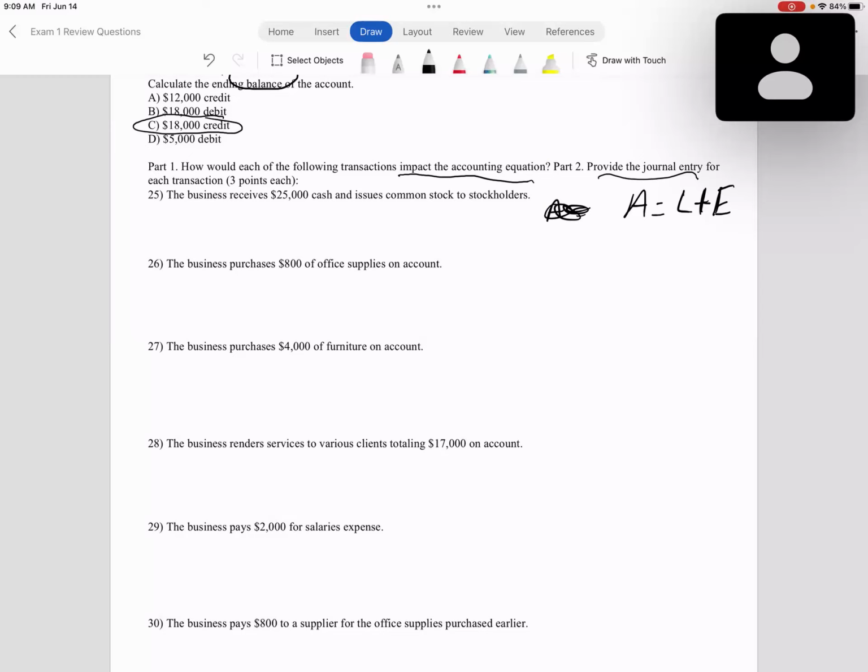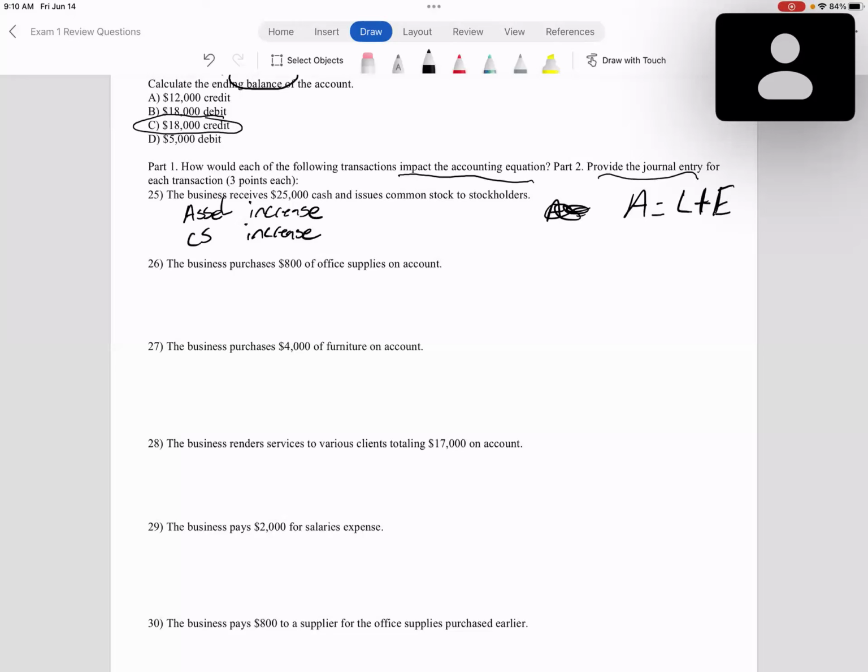Okay, so you're going to say assets increase and common stock increases. And you can abbreviate things. So assets increase, common stock increase. And then that's part one, okay, the impact on the accounting equation. Part two is the journal entry.